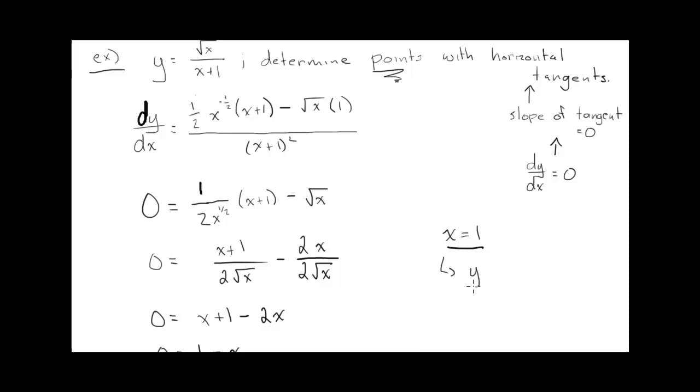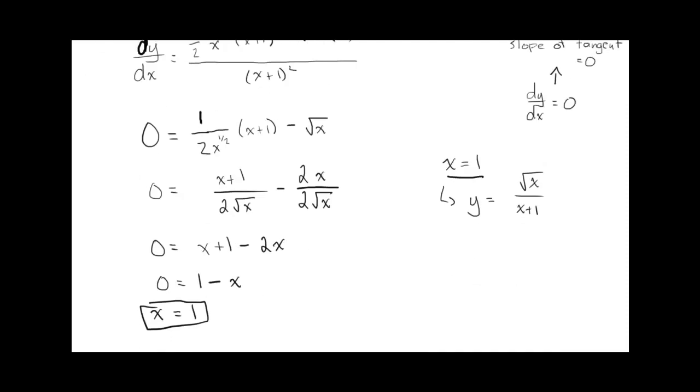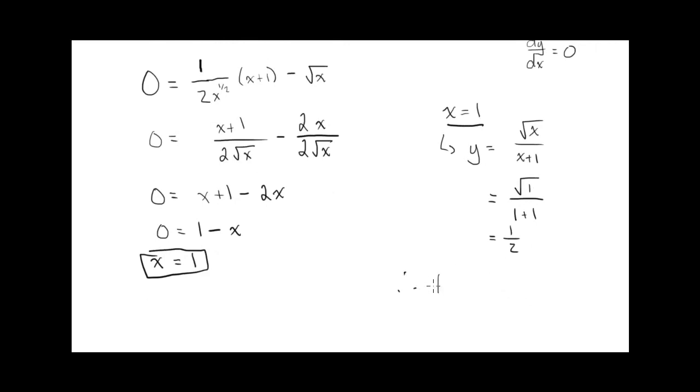So remember, y equals root x over x plus 1, and then we'll put x equals 1 in there. So that'd be 1 over 2. So therefore, the point with the horizontal tangent is (1, 1/2).